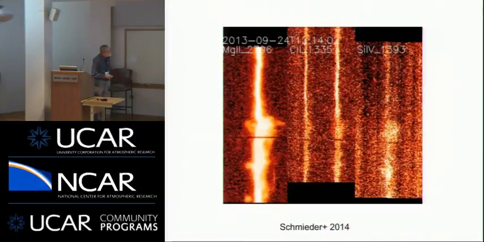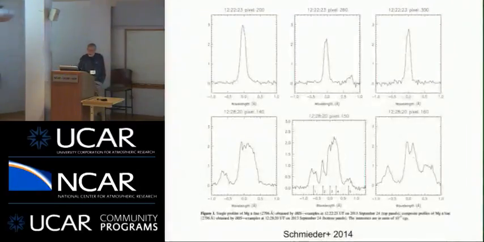Here you see carbon II, for example, and silicon IV, which can give us independent constraints or diagnostics of hotter parts of the prominence, the so-called prominence-corona transition region. Okay, I don't have much time, I see. It's okay, so I will be very short. Here you see very narrow profiles.